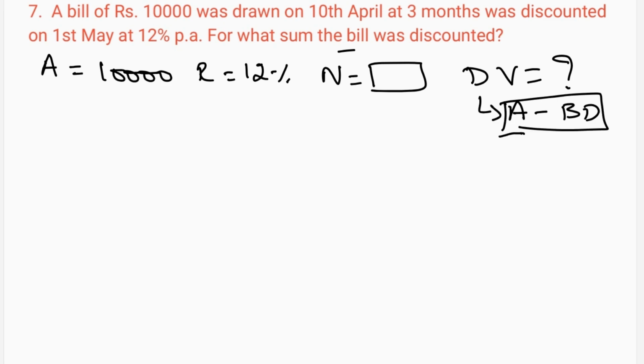So first, A is known, we will find BD. To find the banker discount, the formula is ANR by 100. So n we will find first.